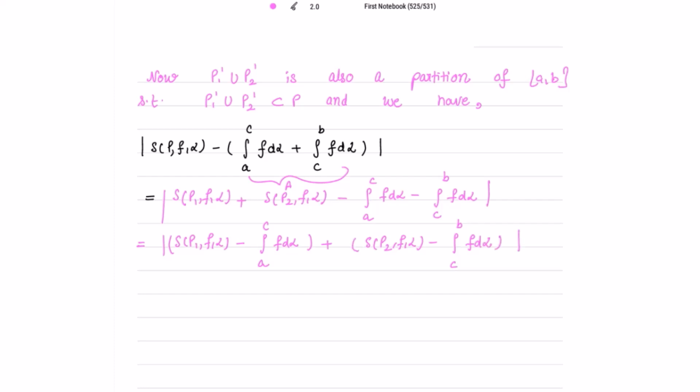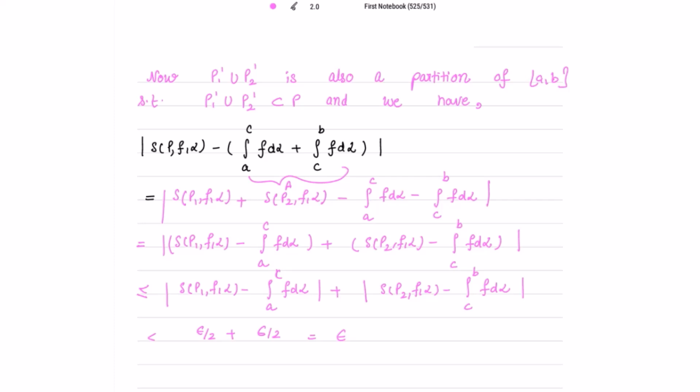Modulus. So this is less than or equal to, it is a property, the modulus of S(P1, f, α) minus this integral plus the modulus of S(P2, f, α) minus this integral, and this is less than epsilon by 2 plus this is also less than epsilon by 2 from the results, and this is equal to epsilon.